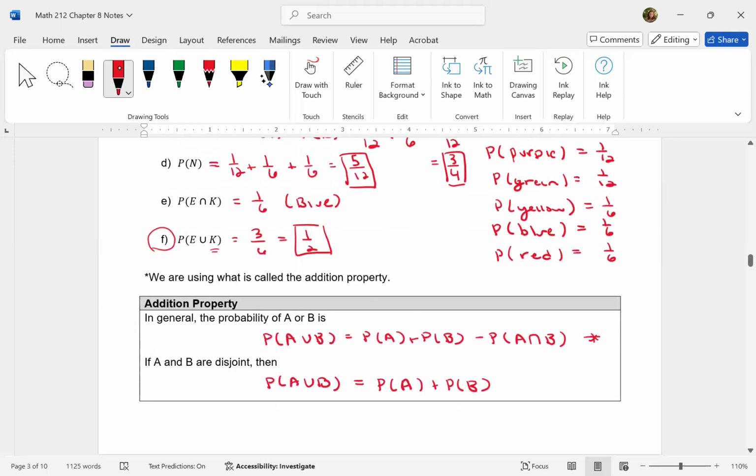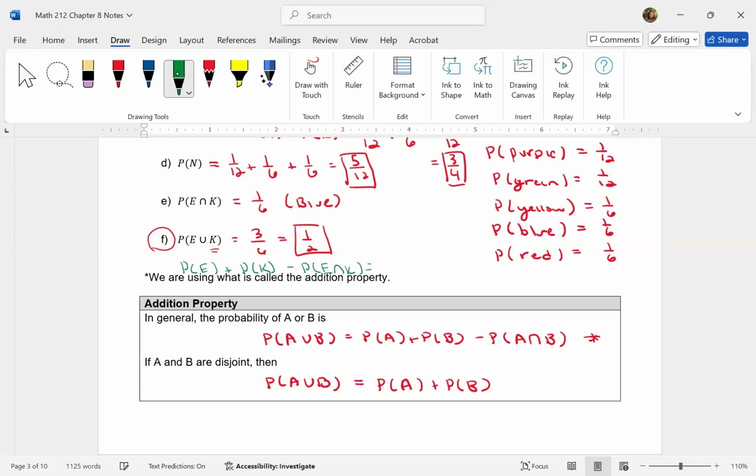And the way we would have done that, let me just actually pause and say that then, would have been we would have found the probability of E plus the probability of K, minus the probability of what they have in common.